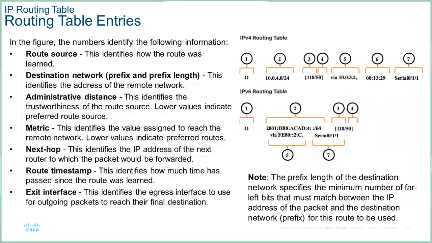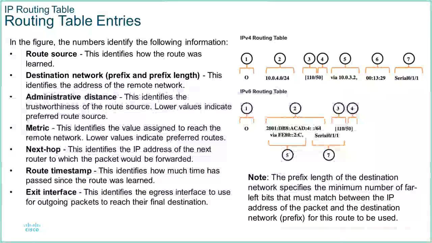The number after the / is the metric. In other words, for a metric, it's the cost. What's the cost of me using this path? Okay, so if I had another path to the 10.0.40 network from OSPF, but its metric was 80, I have a cost of 50 and a cost of 80.